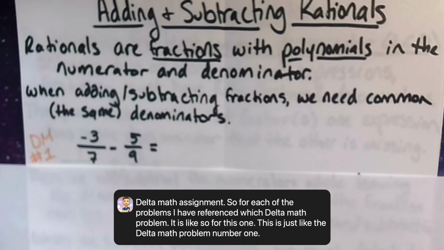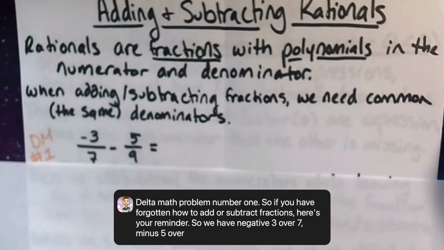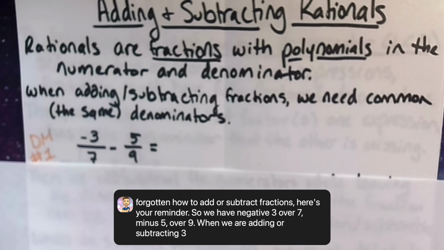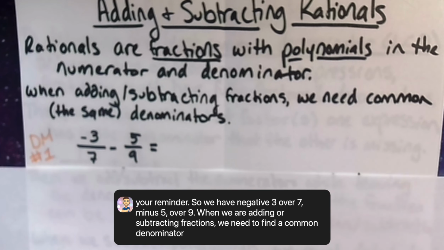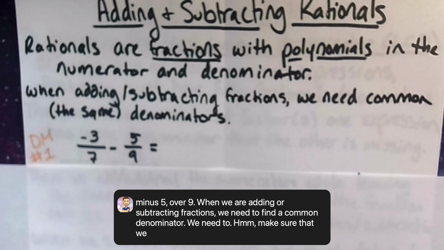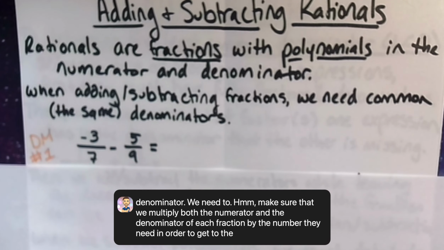So if you have forgotten how to add or subtract fractions, when we are adding or subtracting fractions, we need to find a common denominator. We need to make sure that we multiply both the numerator and the denominator of each fraction by the number they need in order to get to the least common denominator.